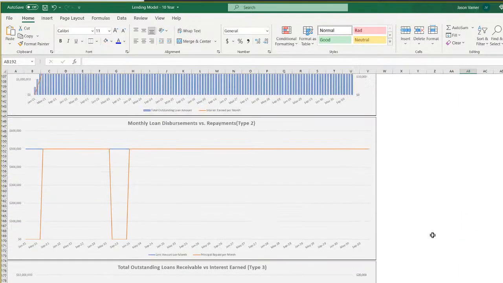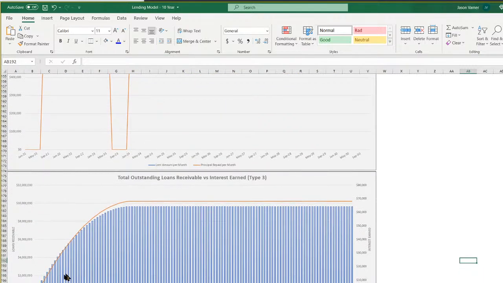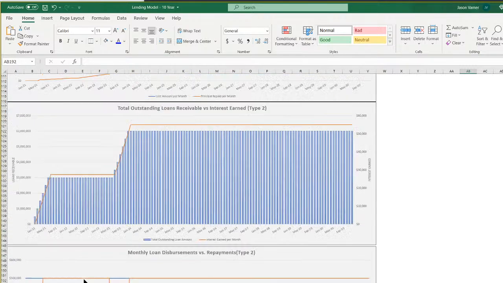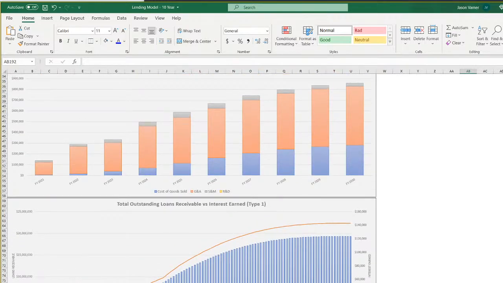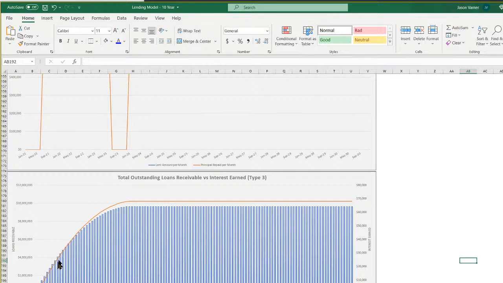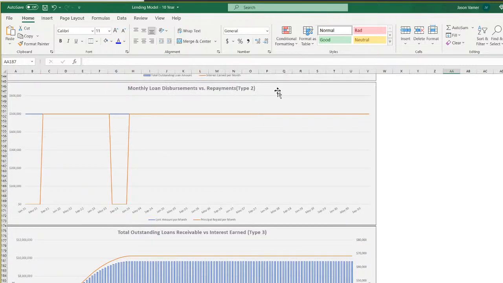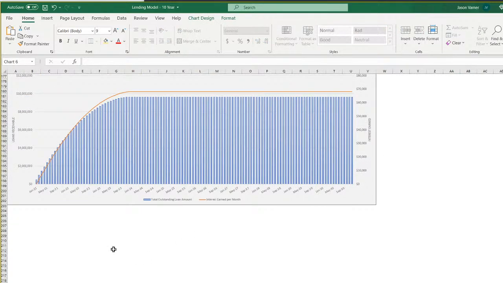Okay, so this is an even smoother curve than up here because there's no interest-only period, so it's definitely a different shape. This is kind of down and up. This is kind of like an upward curve. And then we'll do this number.